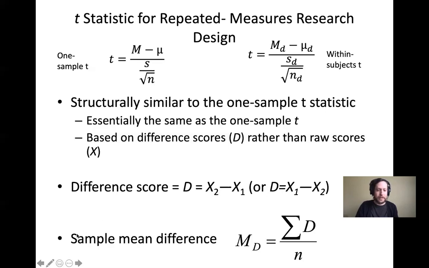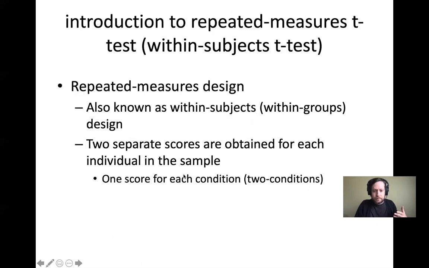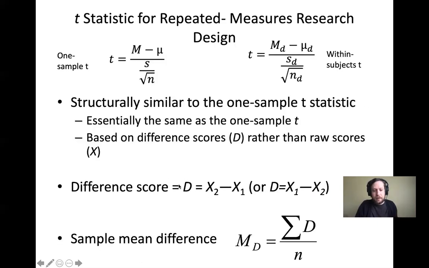We will also be dealing with something called a sample mean difference score. So the sample mean difference score, or M sub D, is for all of the participants. Each participant contributes the score for those two conditions, condition 1 and condition 2, and you get a D for each participant.